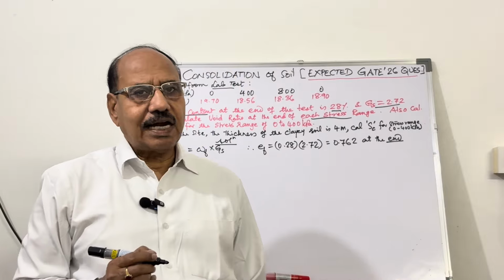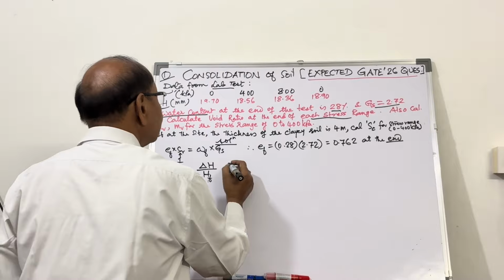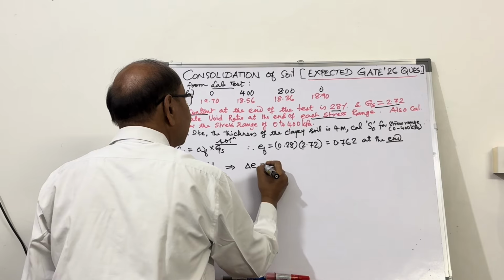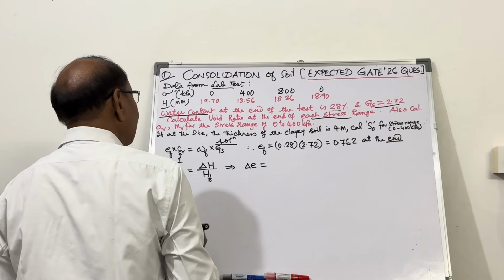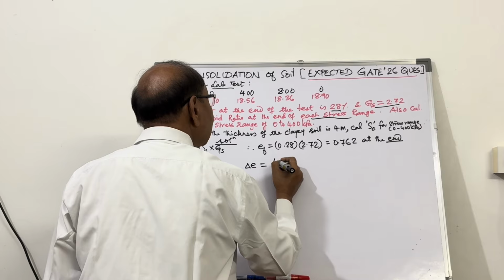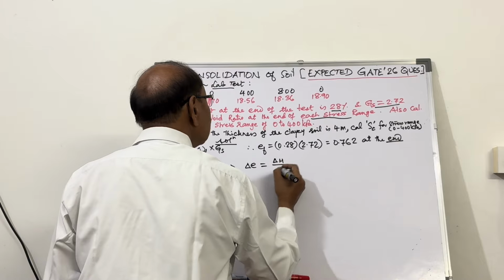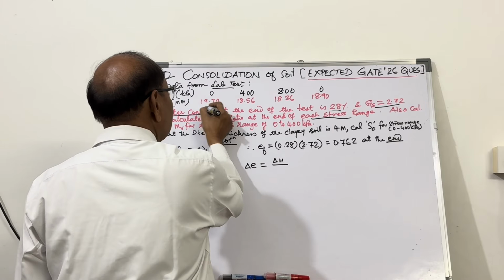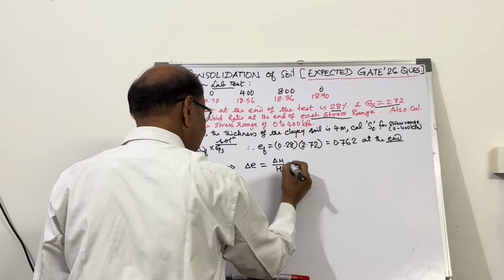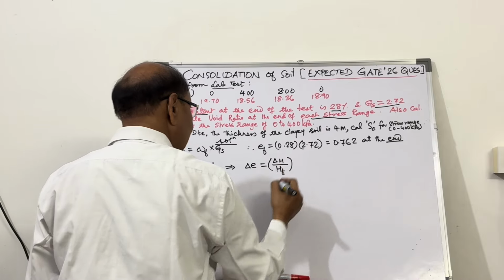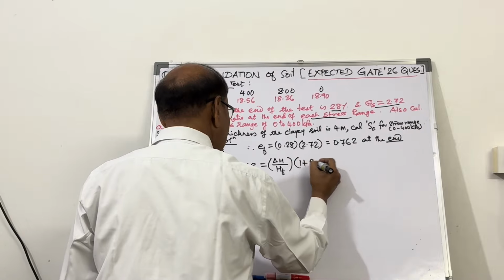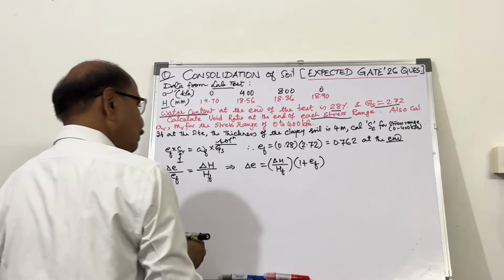This implies that the change in void ratio is the change in thickness of the sample, divided by the final thickness of the sample, into 1 plus EF.